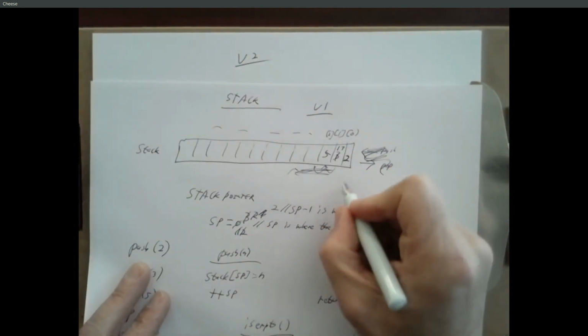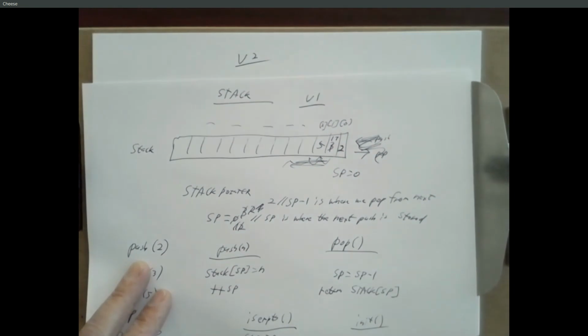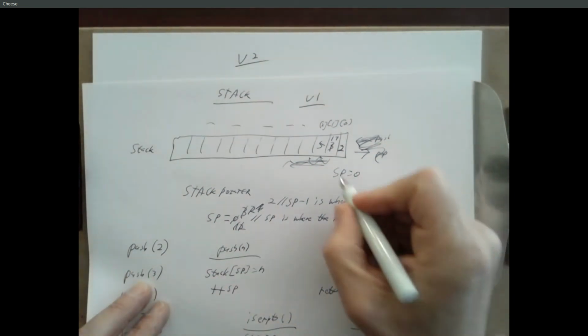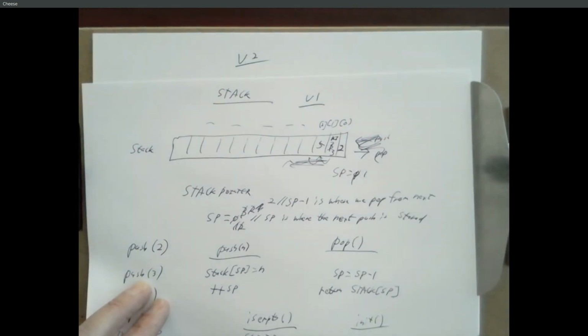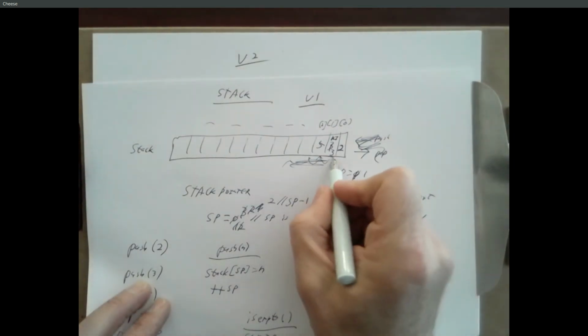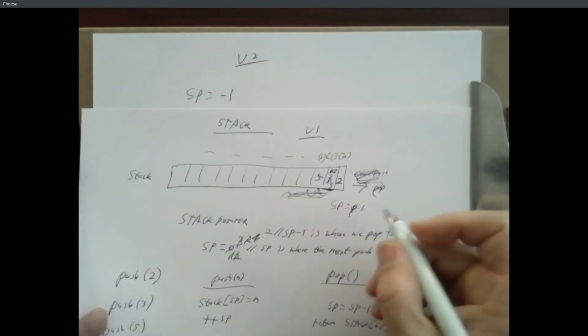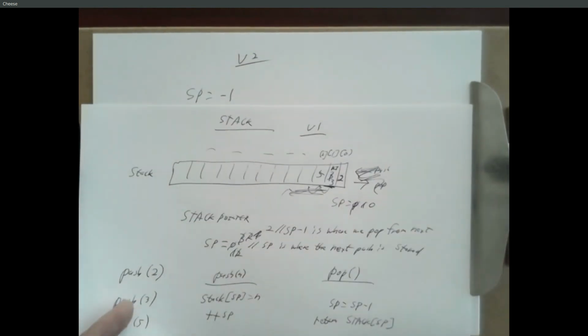So stack pointer would start at -1. If we push a 2, we'll put a 2 in there, stack pointer becomes 0. If we push a 3, we put our 3 in here, stack pointer becomes 1. If we want to do a pop, we want to return the element at location 1. Right, so stack bracket SP, and we want to decrement stack pointer to a 0.